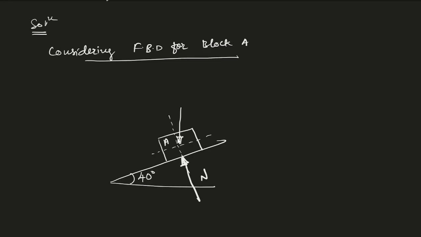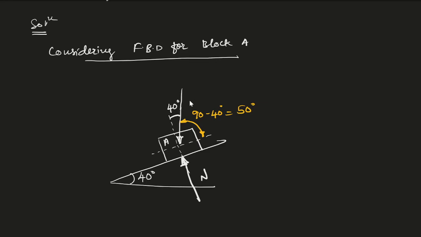Since the slope is inclined at 40 degrees, the weight makes an angle of 40 degrees with respect to the y axis. I'll take the angle with respect to the x axis, so if that is 40 degrees, then this will be 90 minus 40, which gives me 50 degrees. So the weight is acting downward, at an angle of 50 degrees with respect to the x axis.